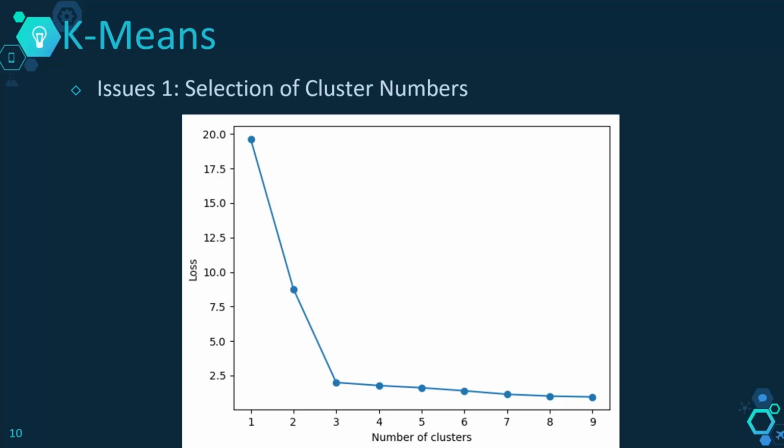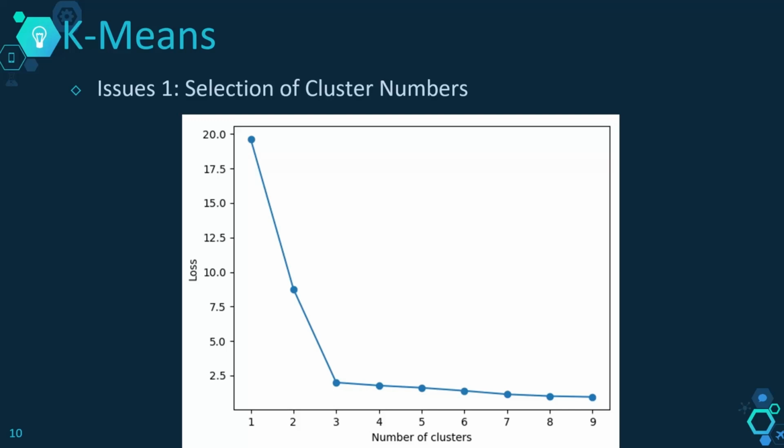You want to do the clustering to understand data, but you also need a good understanding of the data so that you can find a good k number for performing the clustering. In this case, there is no perfect solution to this issue, but one way that we can consider is something like this. For very simple problems, we can try different cluster numbers and then plot the variation of the loss with respect to the number of clusters.